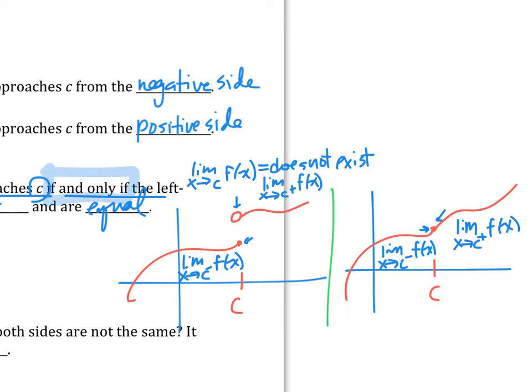Do the left hand side and right hand side limits exist? Yes, they both exist. The second thing is, are they equal? Yes, they are equal. They're approaching the same value. Therefore, the limit as x goes to c of f of x exists. And whatever that value is, that is the value of the limit as x goes to c.